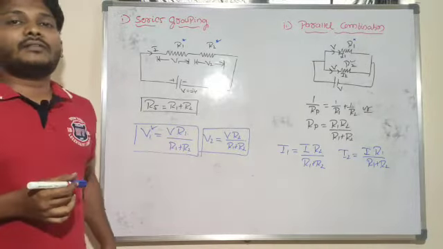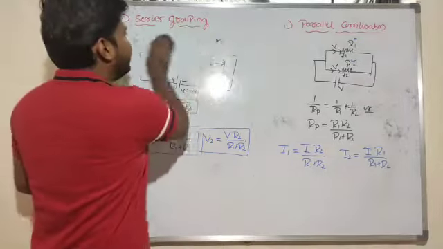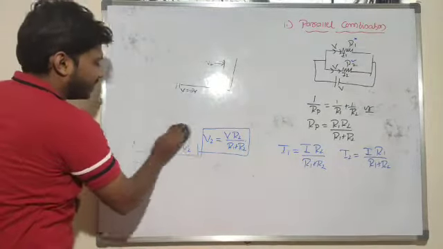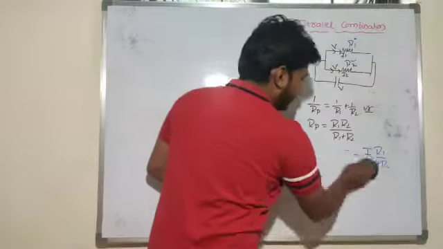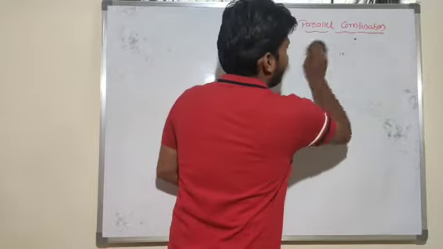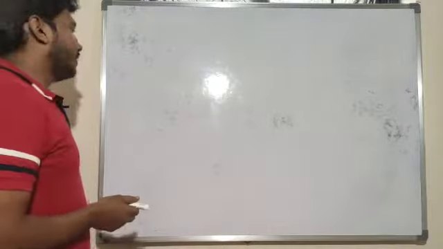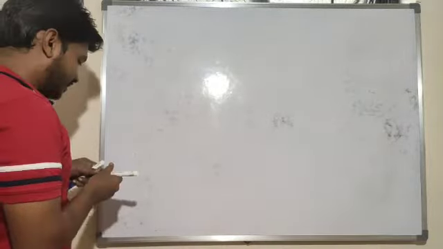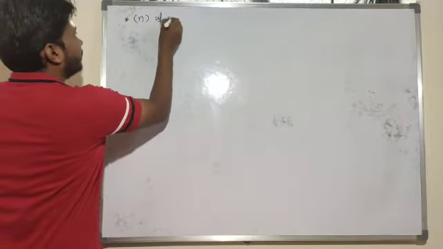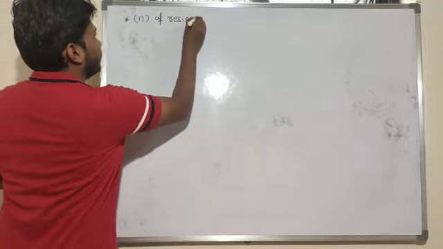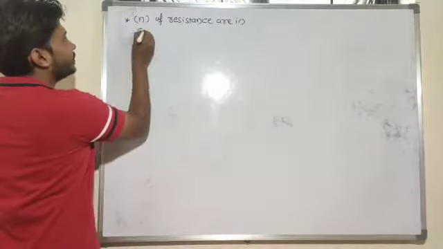Suppose n number of resistances are connected in a series combination, what is the effective resistance in this case? And if n number of resistances are connected in a parallel combination, what will be the effective resistance? Let me write it here. N number of resistances are in series combination.